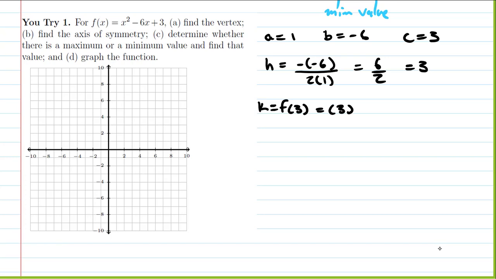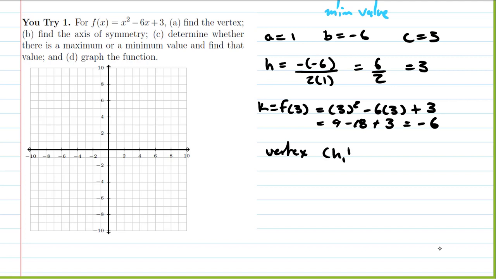So that's going to be 3 squared minus 6 times 3 plus 3. So that gives us 9 minus 18 plus 3. And we'll get -6. So the vertex is at h comma k, where h is 3 and k is -6.